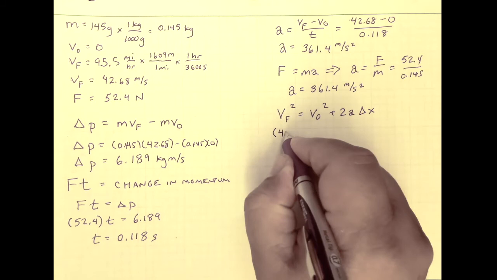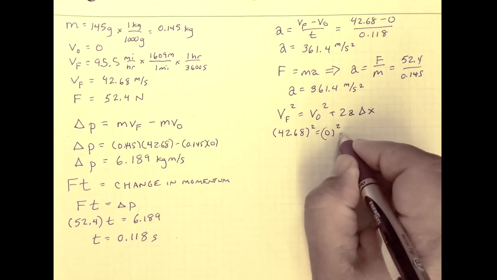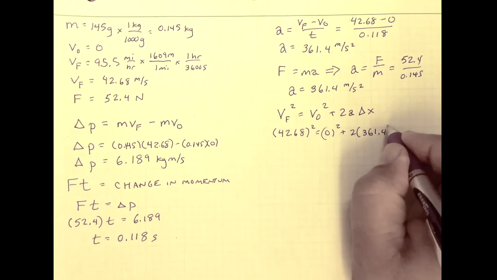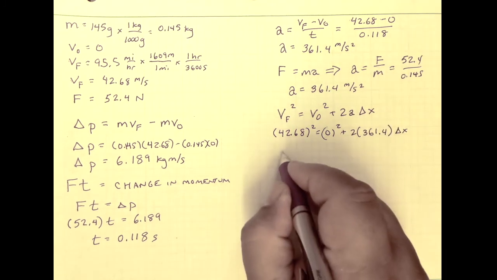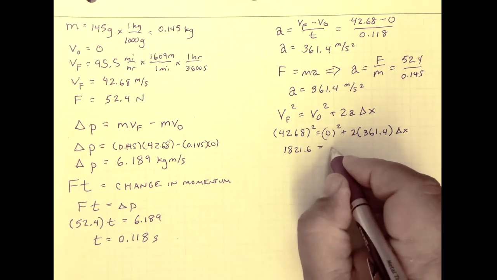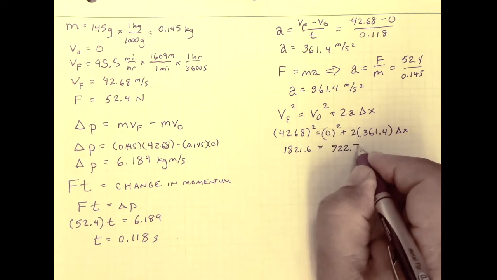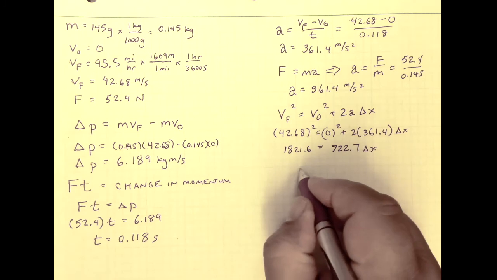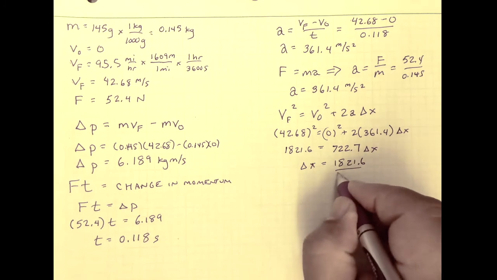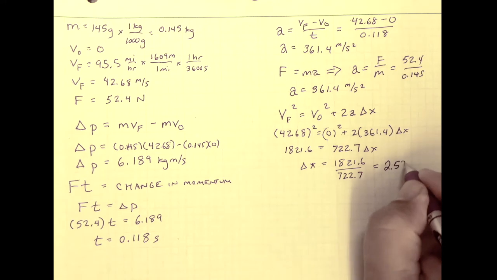With a final velocity of 42.68, an initial velocity of 0, and an acceleration of 361.4 meters per second squared, we can calculate the acceleration times 2 is 722.7, and this allows us to calculate the displacement, 1821.6 divided by 722.7. That gives us 2.52 meters.